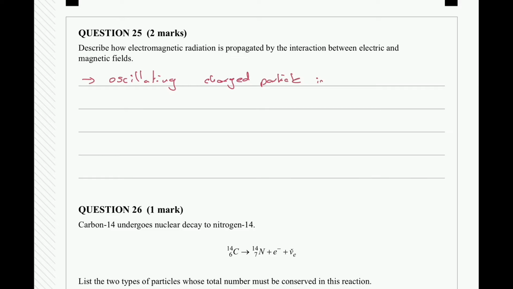And the other thing is, if we have a changing magnetic field, what we can then do is induce an electric field. So if you have a changing magnetic field or changing magnetic flux, you can then induce an electric field.